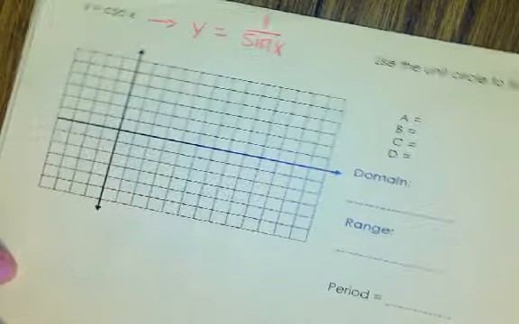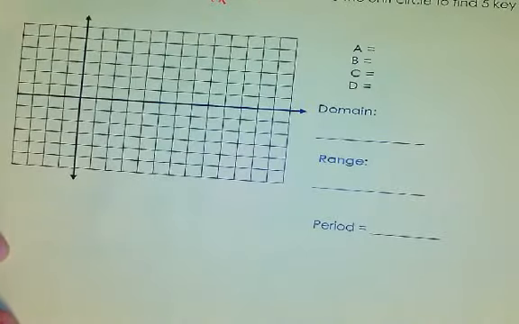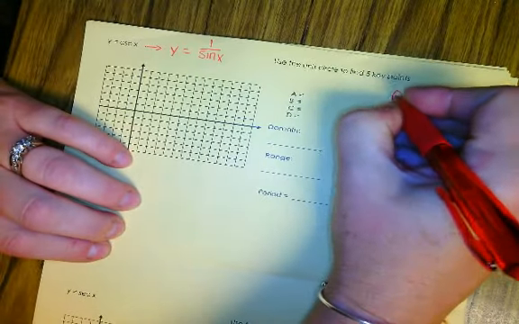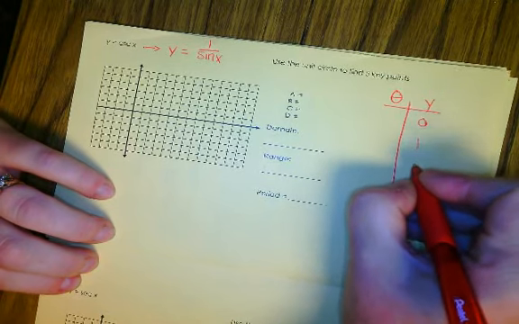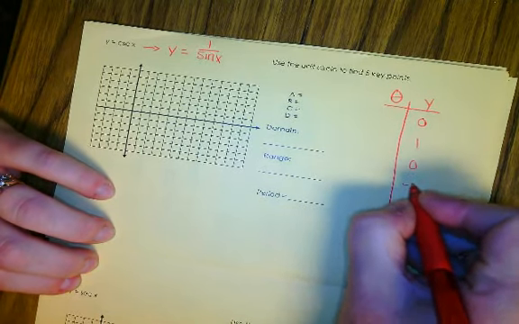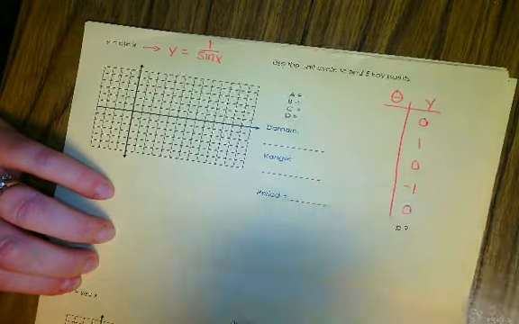So if I come over here and make my little table, remember that sine starts with 0, 1, 0, -1, and 0.